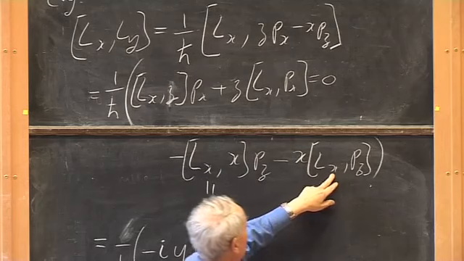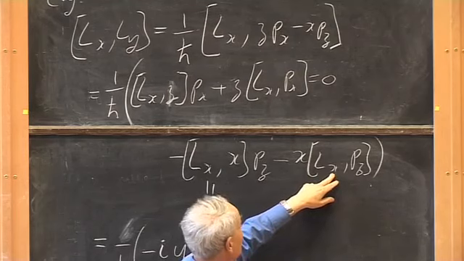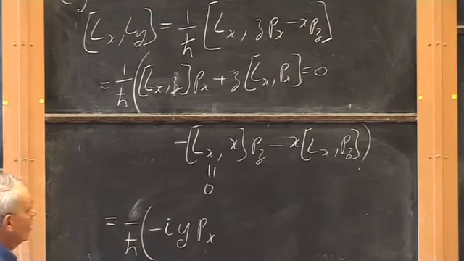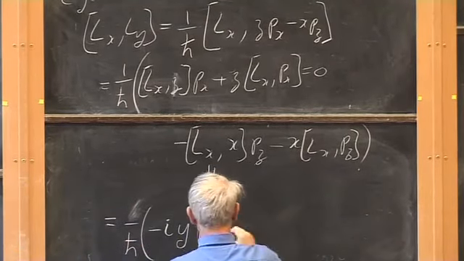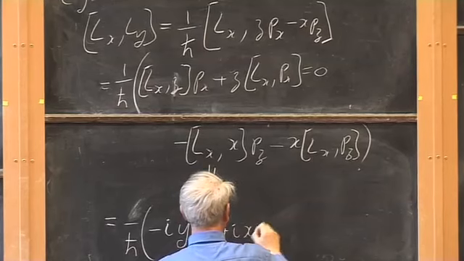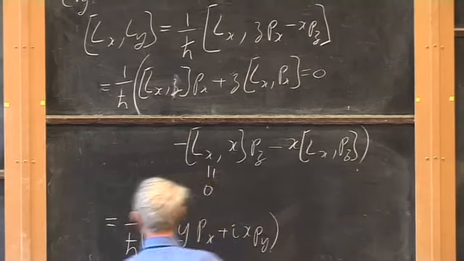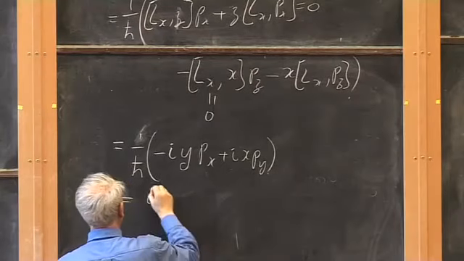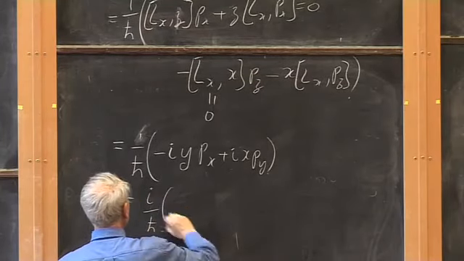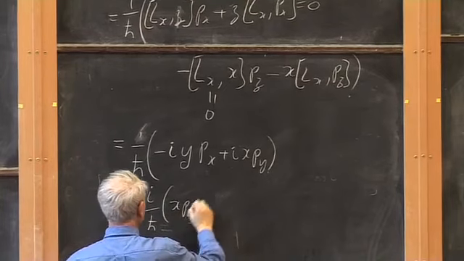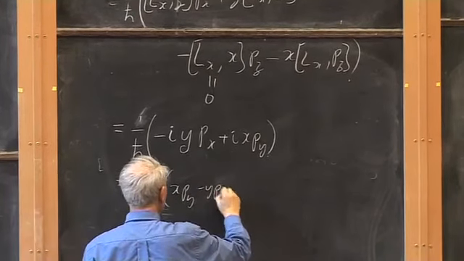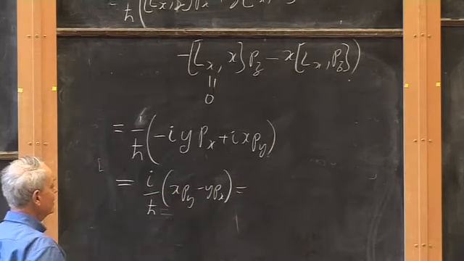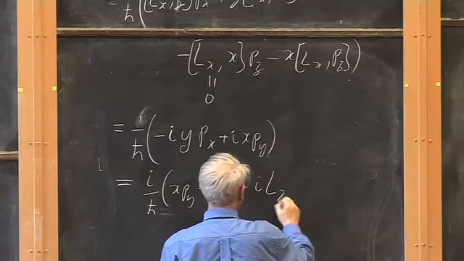This is the other interesting one. It'll be the same thing. This commuted with this will be minus I py. So we have two minuses, so we'll have a plus I x py. So this is equal to I over h bar of x py minus y px, which this h bar and this stuff together make Lz, so it's I Lz.